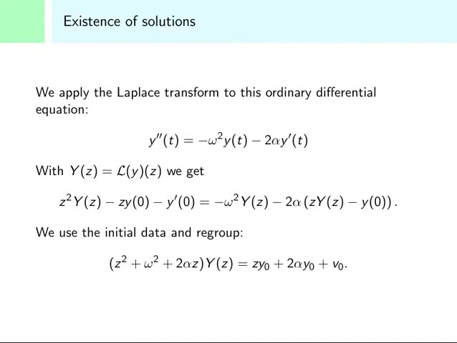Again, we isolate capital Y of z. We rearrange terms so that we can isolate capital Y of z, and we also plug in the initial data. So first we get z squared plus omega squared plus 2 alpha z, multiplied with Y of z, and that equals z y0 plus 2 alpha y0 plus v0.